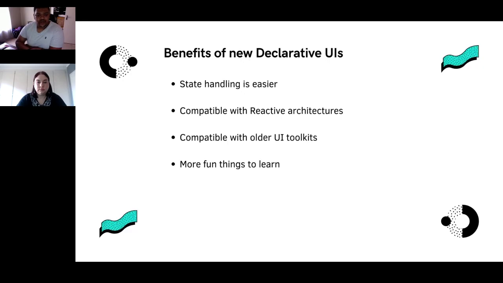Declarative UIs are also more compatible with reactive architectures and toolkits. So if you ever use LiveData or RxJava or any of those, these work really well. Flow also works really well with this declarative way of developing UIs.